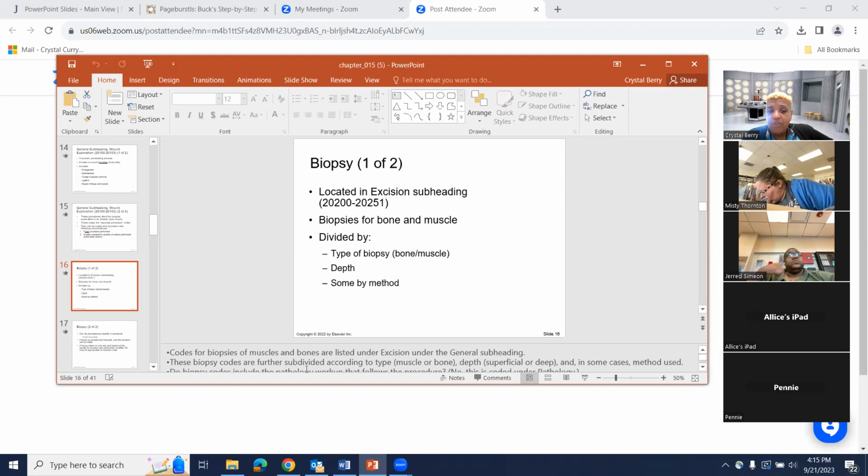Codes for biopsy of muscle and bones are listed under excision under the general subheading. So all of this information is still under the general subheading. These biopsy codes are further subdivided according to type, muscle or bone, depth, superficial or deep, and in some cases, the method used.